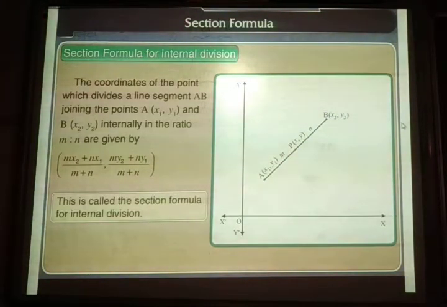This is called the section formula for internal division.